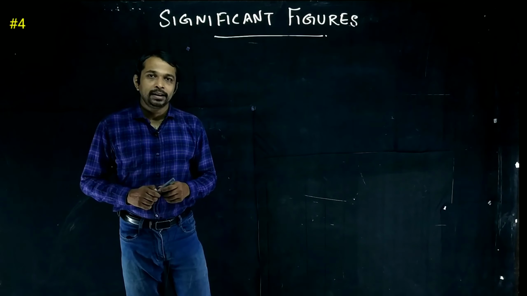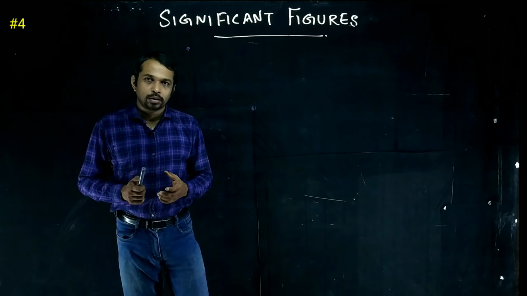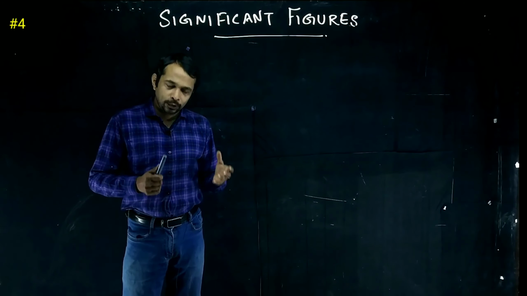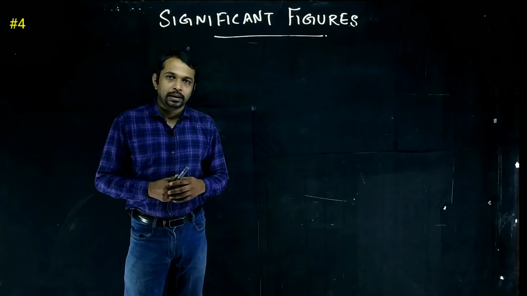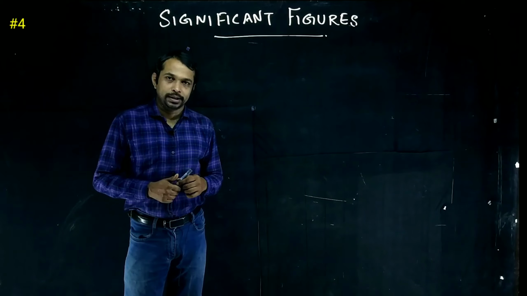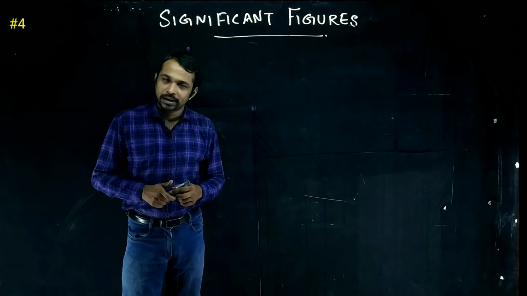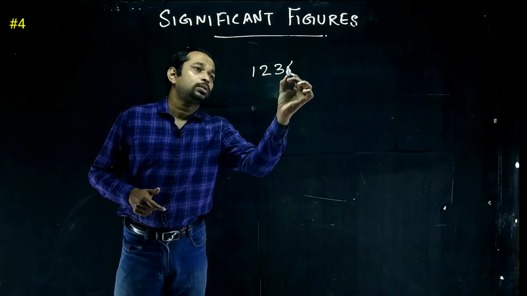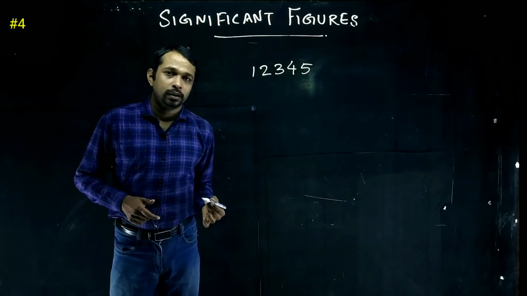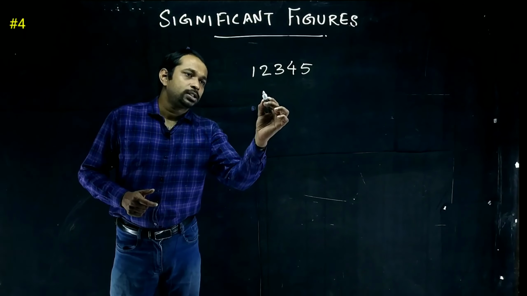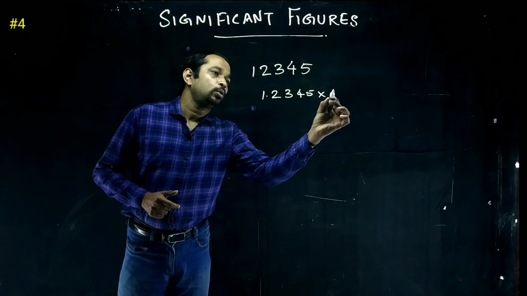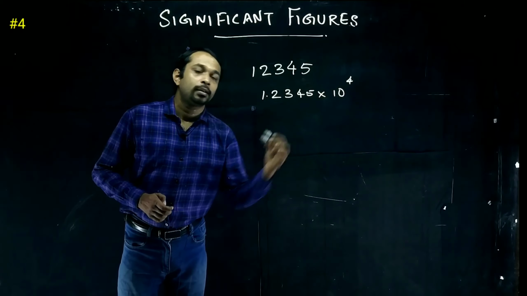Now let's study how to determine the number of significant figures if we are writing a number in scientific notation. How do we write a number in scientific notation? For example, if the number is 12345, its scientific notation is 1.2345 into 10 to the power of 4, right?